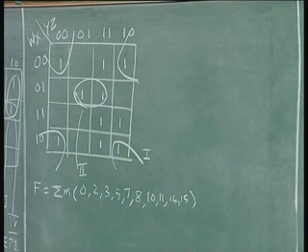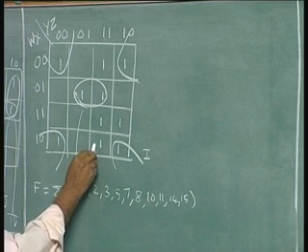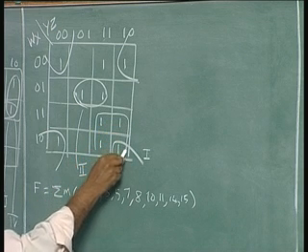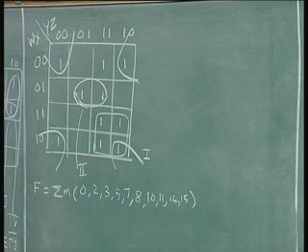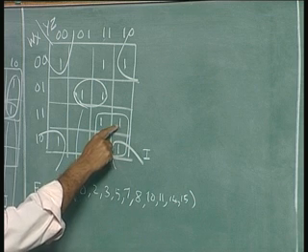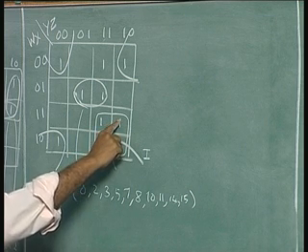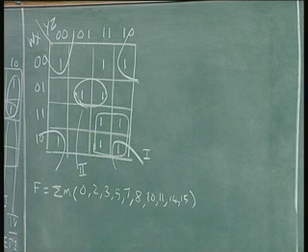Now, I have 2 options. I can combine these 4 into an essential prime implicant. In fact, I should combine this way because this one would be left out otherwise. Of course, I can always combine these 2. These 2 combining is not a solution because a prime implicant is one which absorbs smaller implicants.